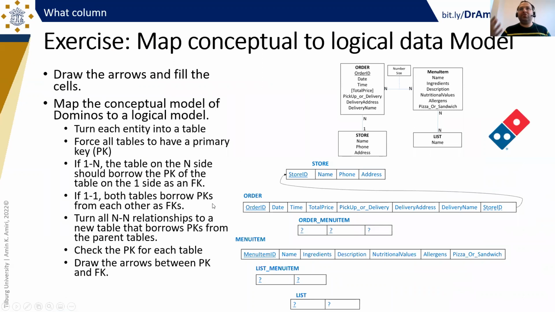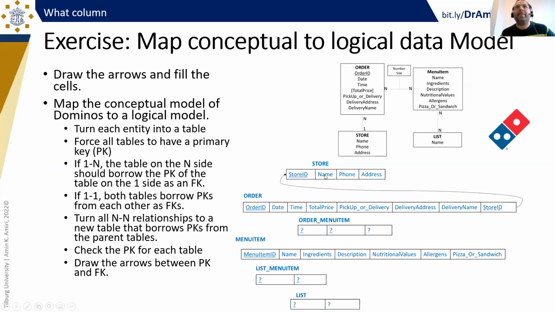So let's do this so that we can have an understanding of this mapping. You just saw this Domino's Pizza ER model, and I would like to turn this conceptual model into a logical data model. You can see that for each entity in the diagram, I have one relation or one table.